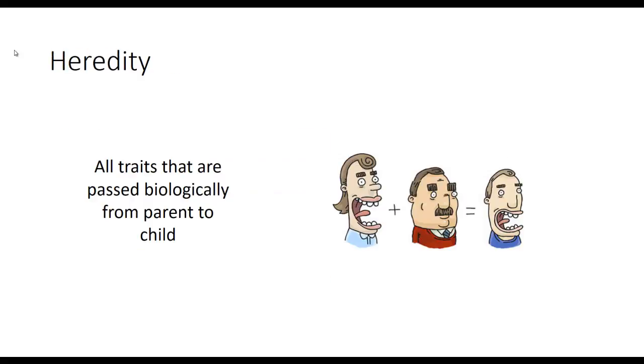Okay, heredity. You've probably heard this before. It's all traits that are passed on biologically from a parent to a child. We talked about this a little bit before. You can't control what you inherit genetically from your parents.